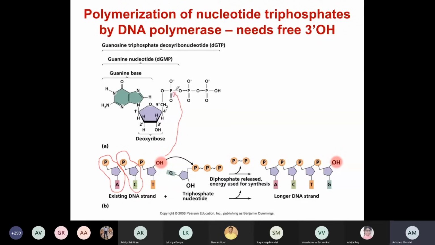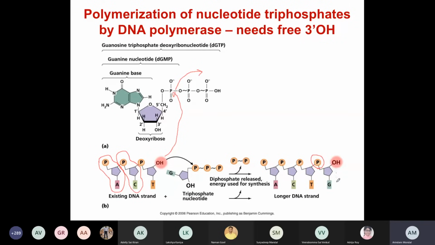As a result of that, the diphosphate will be released and it will get attached through another phosphodiester bond. So this has performed a nucleophilic attack at the alpha phosphate of the incoming nucleotide. The diphosphate has been released and a new phosphate bond has been formed.